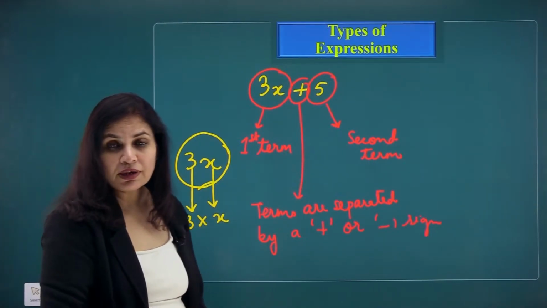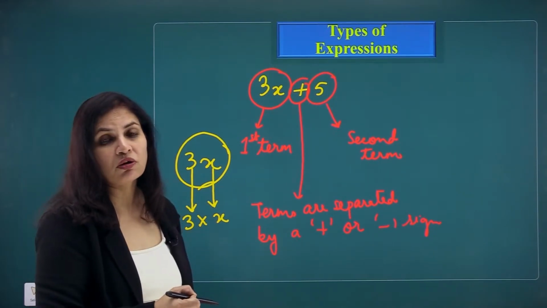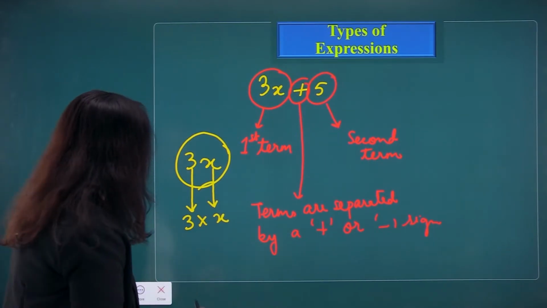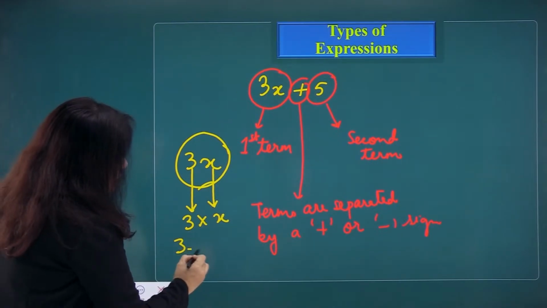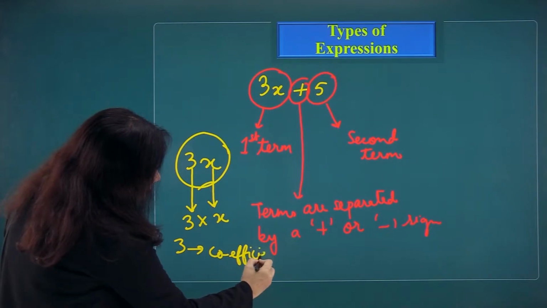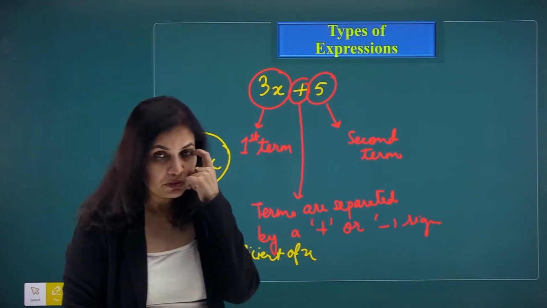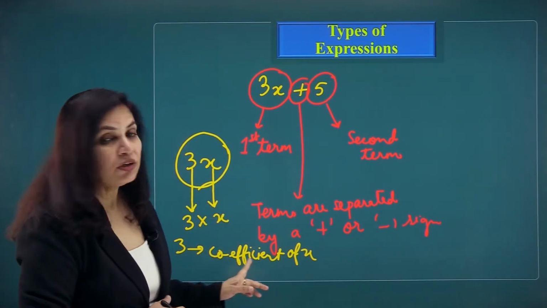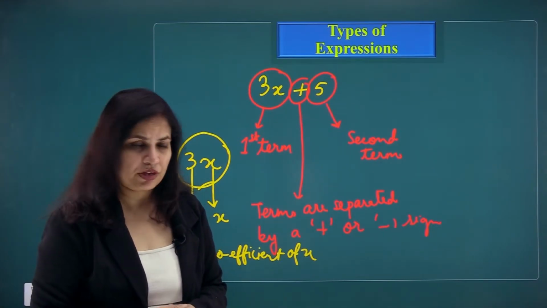So whenever we have a multiplication sign or a division sign between two numbers, one of which could be a constant and the other a variable, or both of them can be variables, then they are not treated as separate terms. 3 is the coefficient of x. So for a variable which is multiplied with a constant, the constant value is the numerical coefficient of the variable. So this was all about the recap of expressions.